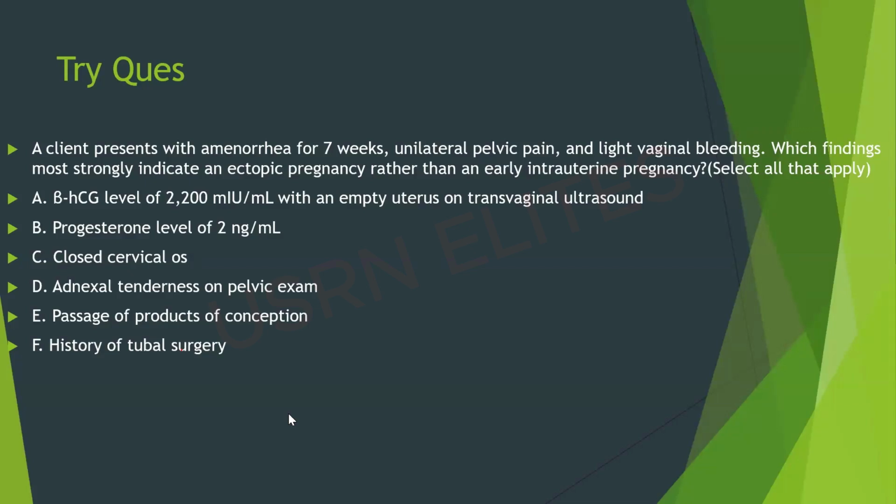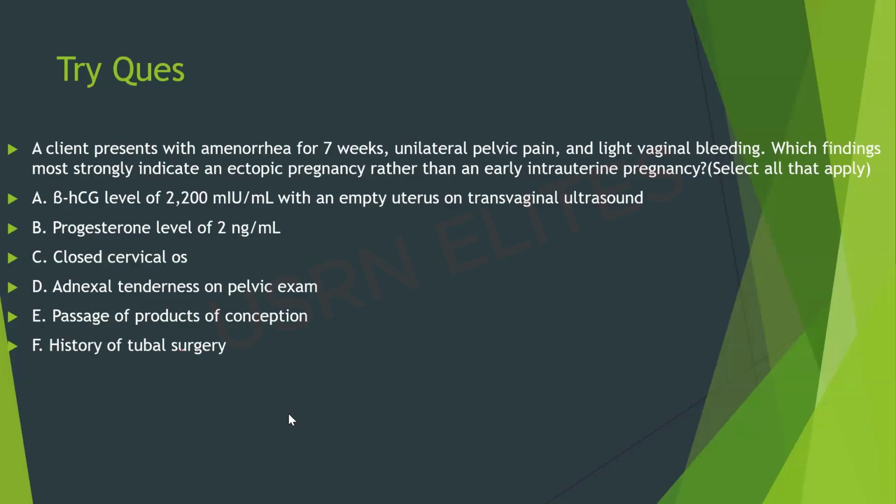And light vaginal bleeding, spotting. Which findings most strongly indicate an ectopic rather than early intrauterine pregnancy? So we want clinical indications solely for ectopic, not early pregnancy. So select all that apply.